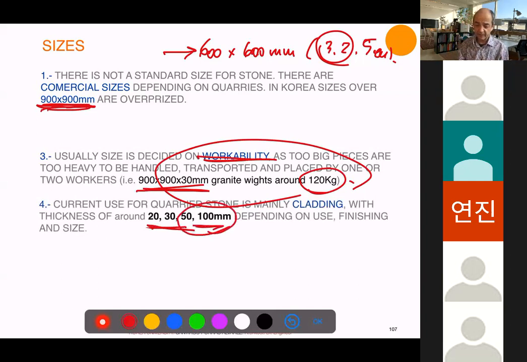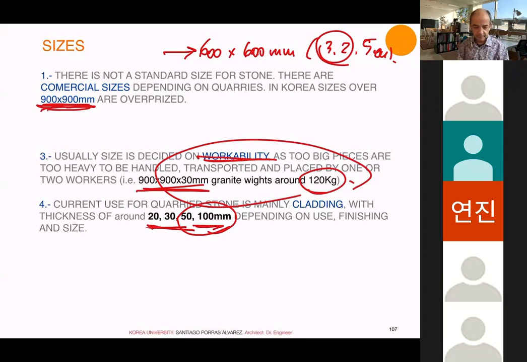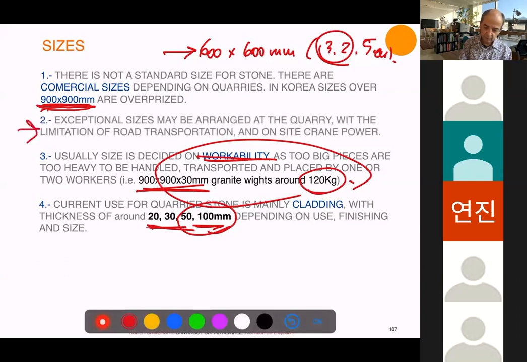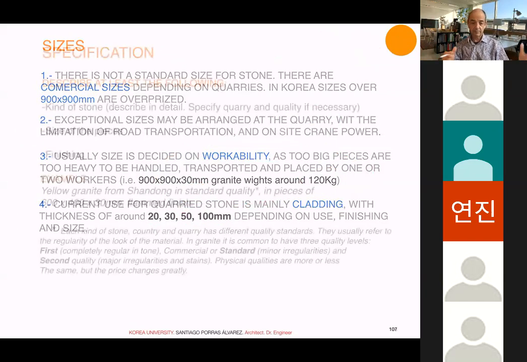And the thickness depends also on the finishing. Of course, polished stone can be very thin, but a rough chisel stone needs more thickness, otherwise you may break it. And number 2, sorry about it, as we said, you can negotiate with the quarry. You can have any size you want depending on the limitations you have.